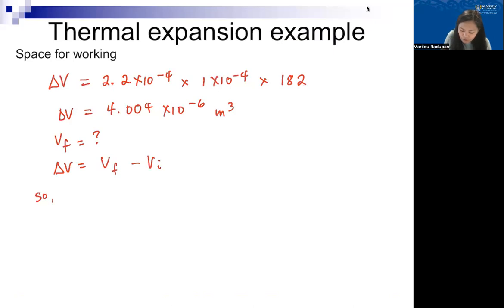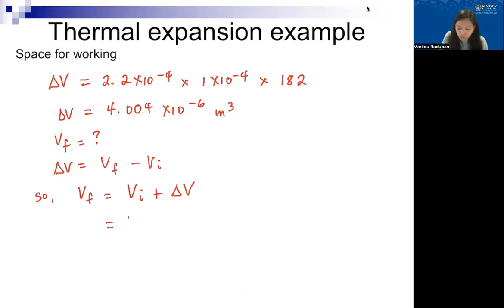Therefore, the final volume will be the initial volume plus whatever change in volume you've calculated. Intuitively, you also know that the volume increased, so the final volume will be the initial volume plus the increase in volume.